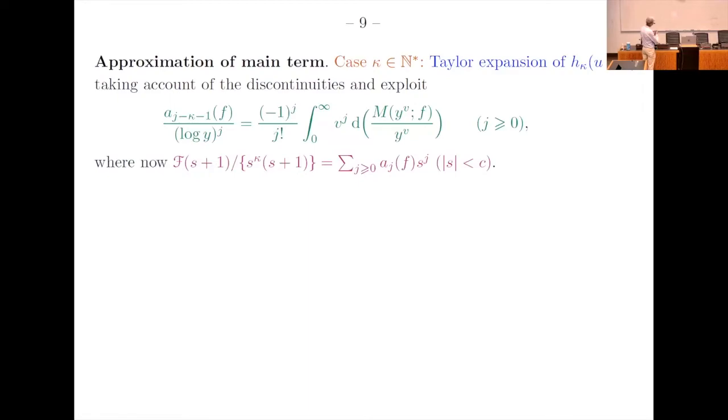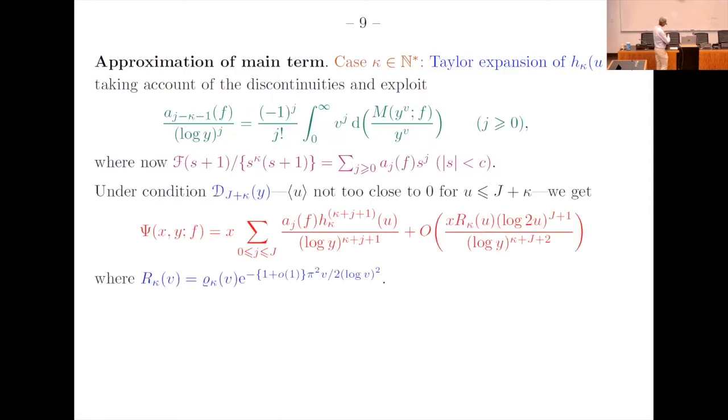You can expand h index kappa as previously, and you use this relation. This means that when j is small, so less than kappa, this is 0. And then we get the same estimate.